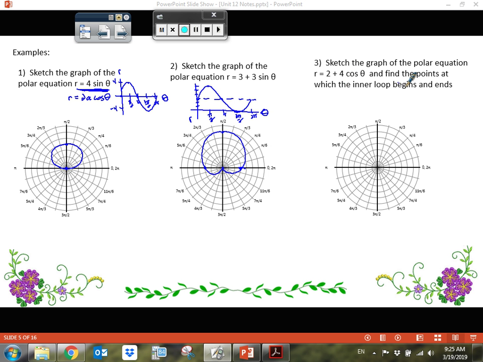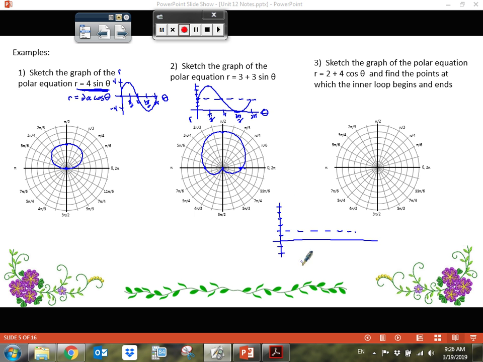So let's draw this Cartesian graph. I'm going to put it down here. Let's see, we've been shifted up to 2, so our sinusoidal axis is up to 2, and then our amplitude is 4. So 1, 2, 3, 4. 1, 2, 3, 4.